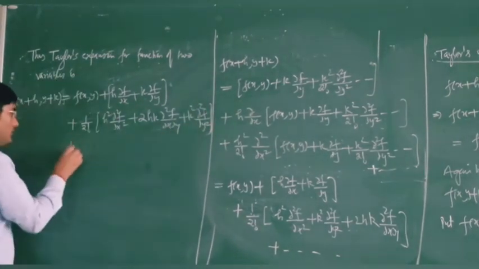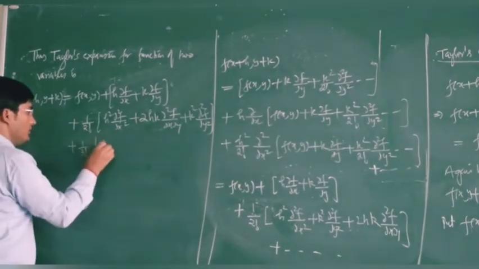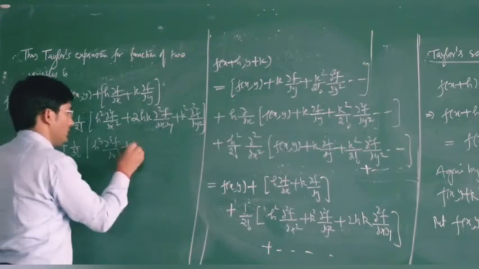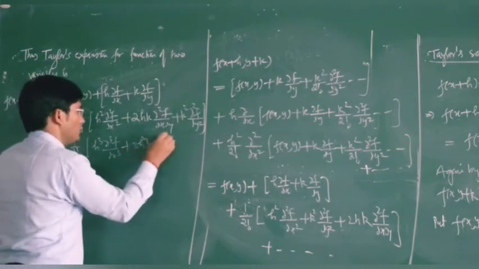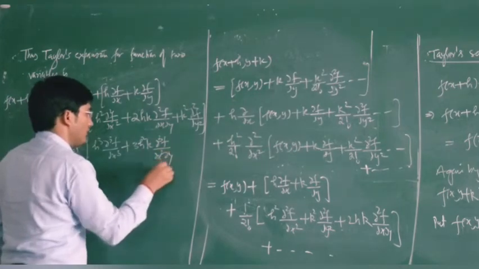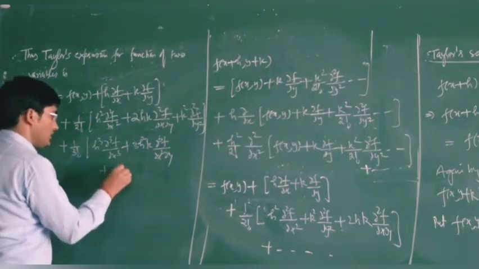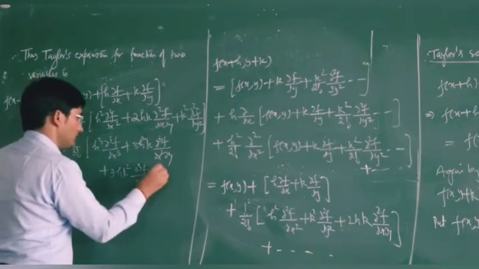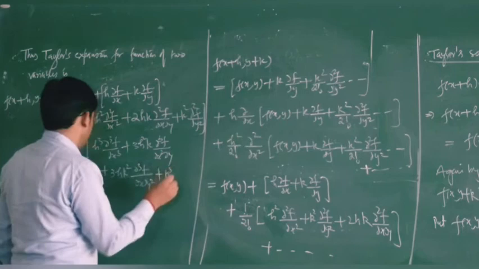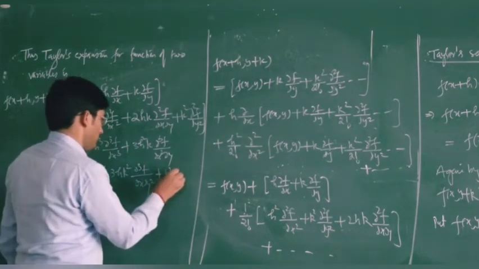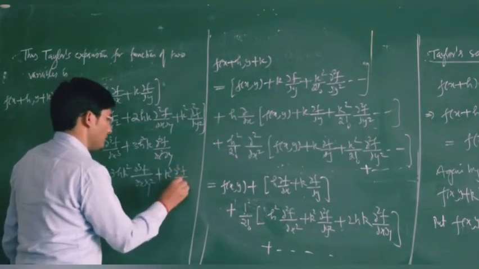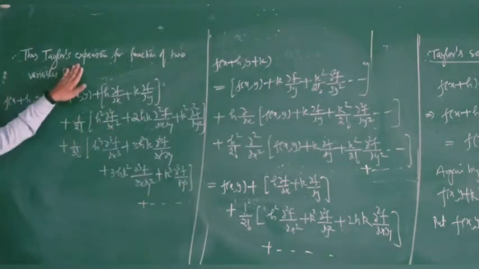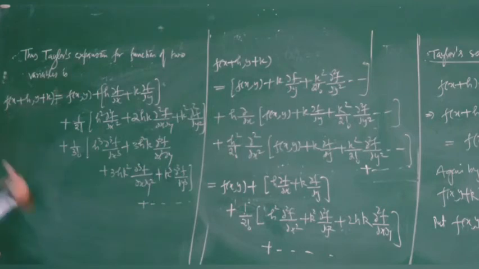Then the third term will be 1 upon factorial 3 into h cube del 3 f upon del x3, then 3h square k del cube f upon del x square del y, then 3hk square del cube f upon del x del y square, then k cube del cube f upon del y cube. So this is the expansion of Taylor series in case of 2 variables.